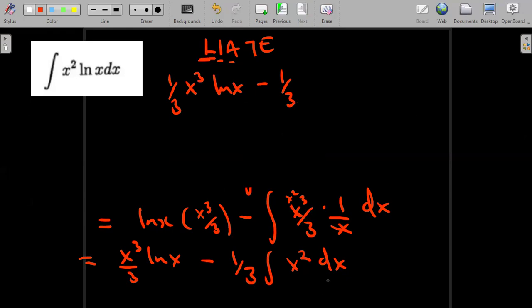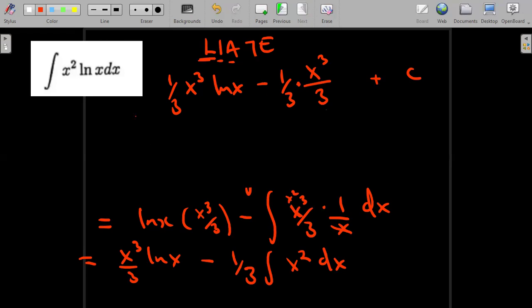So what do you do when you integrate this? You add 1 to the exponent, then that's x to the power 3, divided by 3. This is multiplying, so don't forget. Then plus your constant c. So here, they have a common factor: this is 1 over 3, and this one also has 1 over 3 and x cubed.